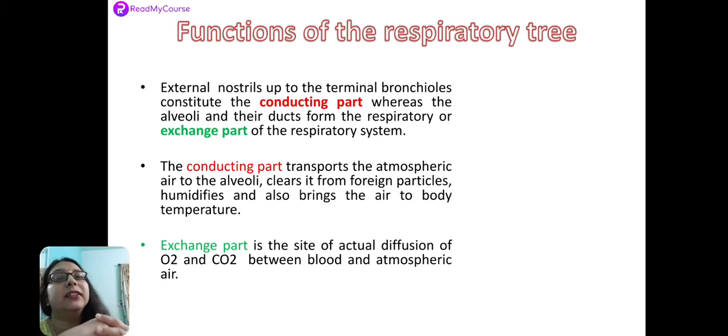How it clears the inspired air of irritations or foreign particles, we will study in the next slide. It also humidifies the air and brings the air to body temperature. These are the three main functions of the conducting system: purifying the air, humidifying the air, and bringing the inspired air to body temperature.